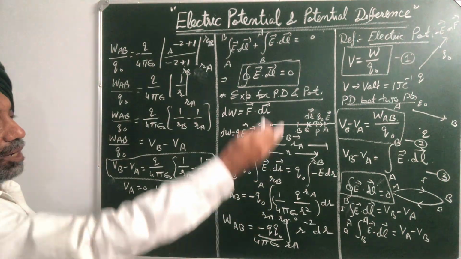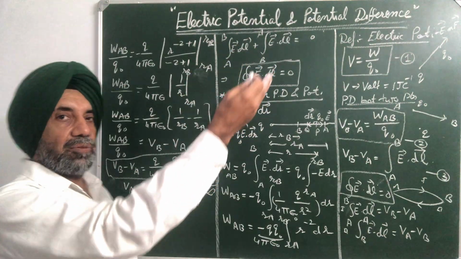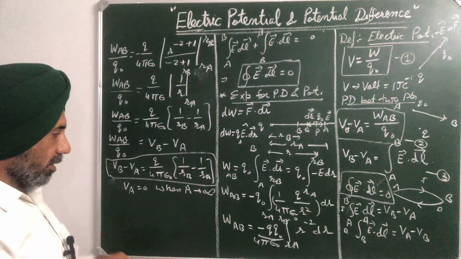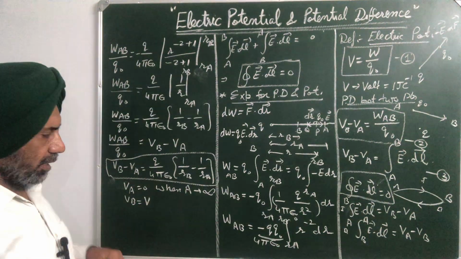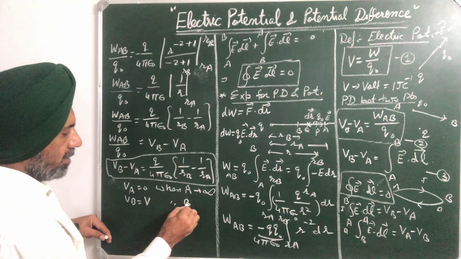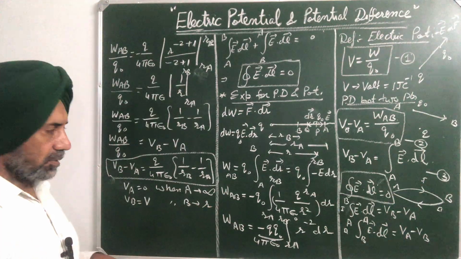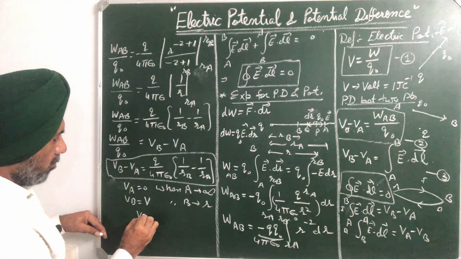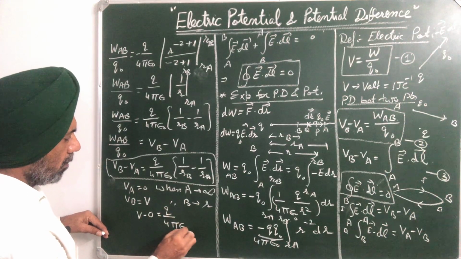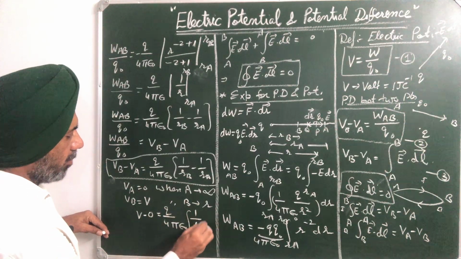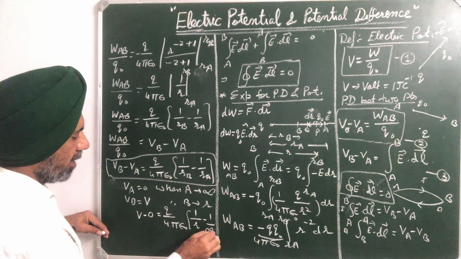Because if we have to find the work done in moving a unit positive test charge from infinity to the given point, that is the potential at a point, then VB will be equal to V, say, and when it lies at distance R, then V minus 0 will be equal to Q upon 4 pi epsilon naught, 1 by R minus 1 by infinity, that is 0.